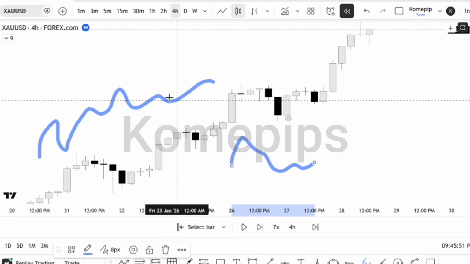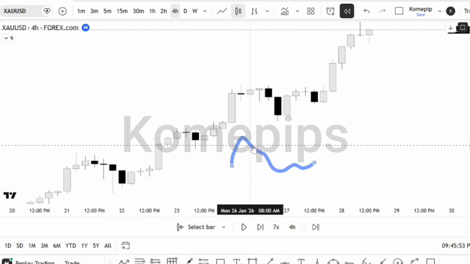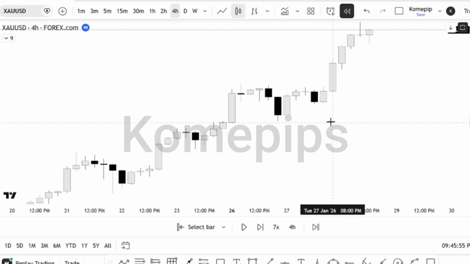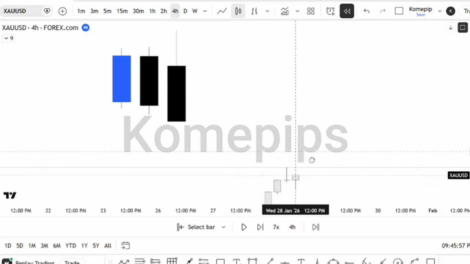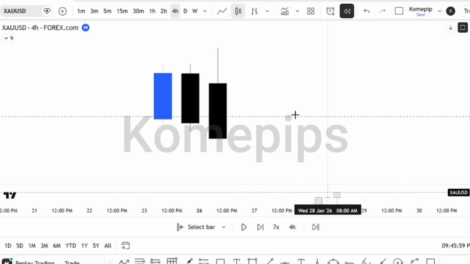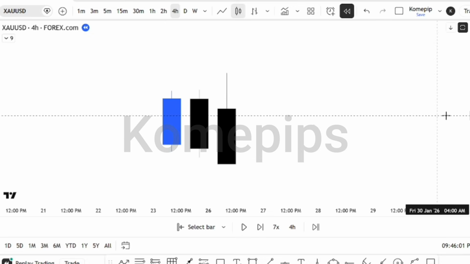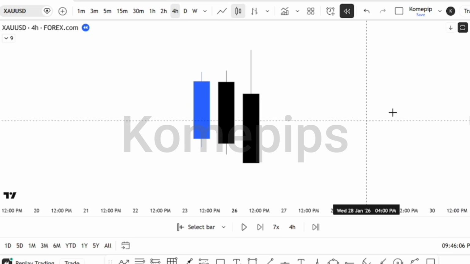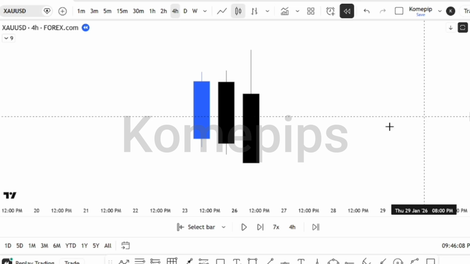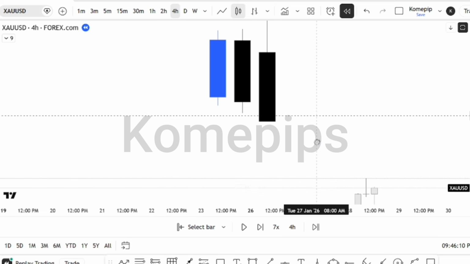So the first thing we need to do is identify what candle confirmation is. This is part of the Komepips trading protocol that I'm about to share with you. I know you already know one or two things about MSNR, but let me show you something even more interesting.